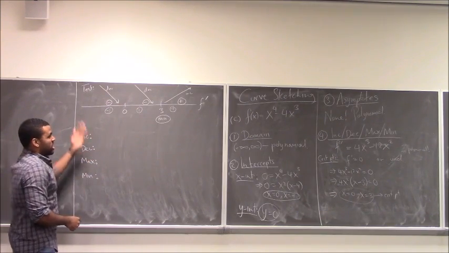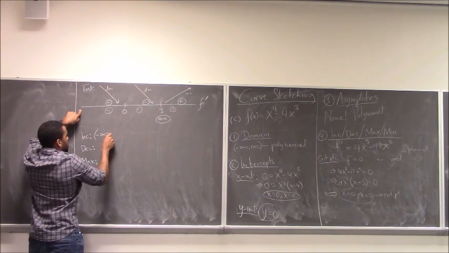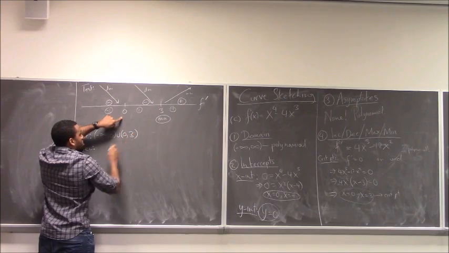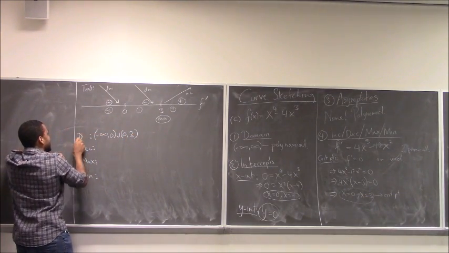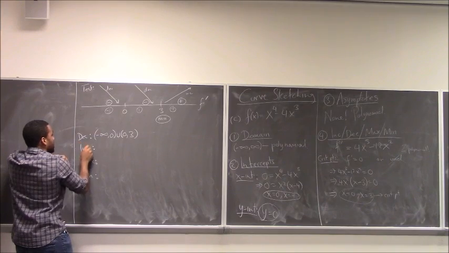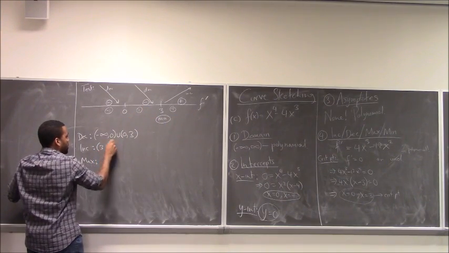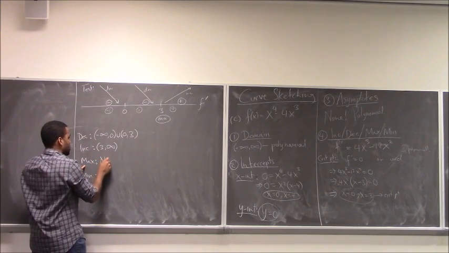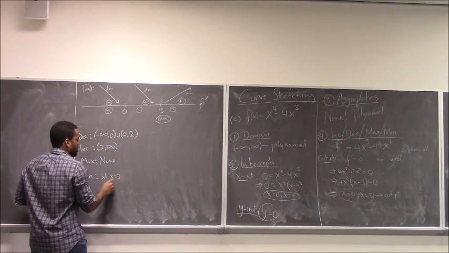We're increasing, and you just state the intervals, so from negative infinity to 0, union from 0 to 3, and that was decreasing. And we're increasing from 3 to infinity. Maximum, there are none. Minimum at x equals 3.